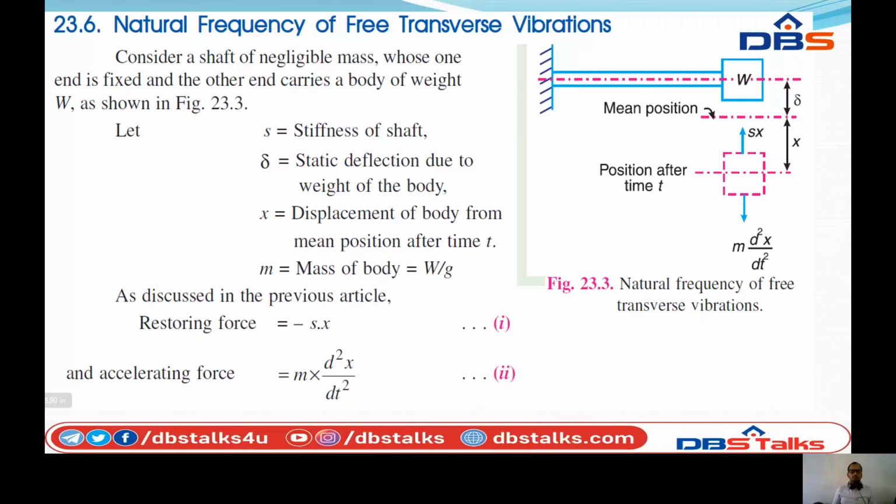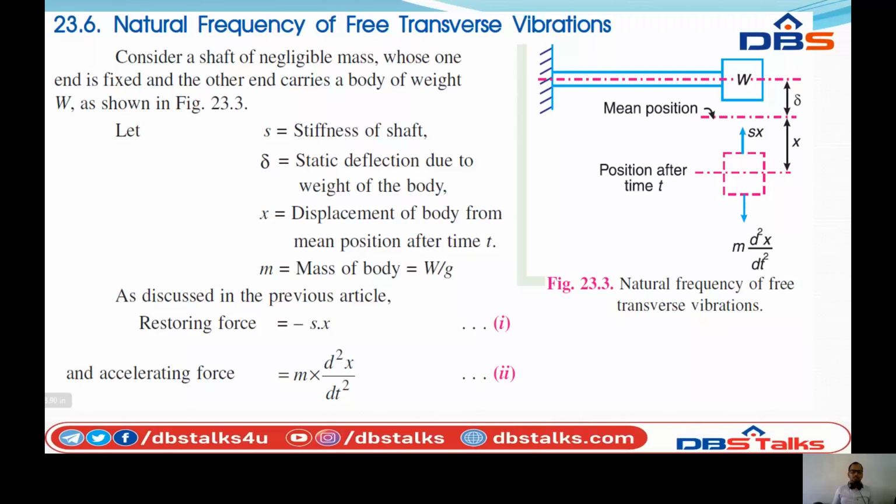The deflection means change in the displacement, and x is the displacement of the body from mean position after time t, how much distance it has traveled. m is the mass of the body, that is weight W is equal to mg. Here we are calculating the mass as m is equal to W by g.